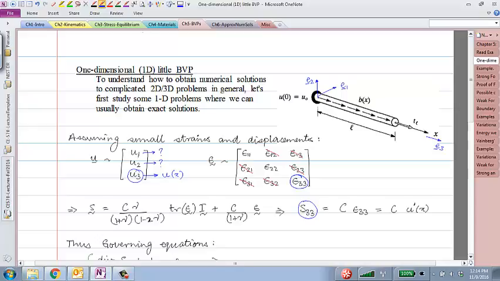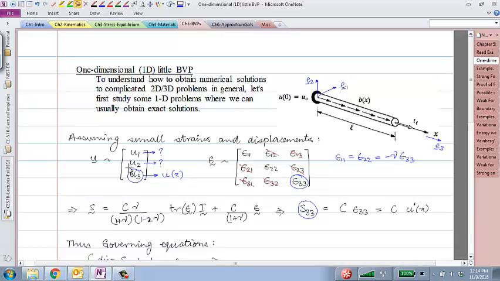If we have E33, then E11 would be equal to E22, which would be equal to minus nu E33. You agree? That's the definition of the Poisson's ratio. Poisson's ratio times the longitudinal strain will give me the strain in the lateral directions. Once I have that, I can easily calculate U1 and U2.